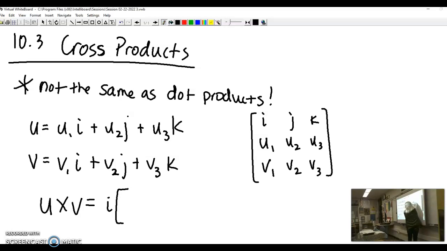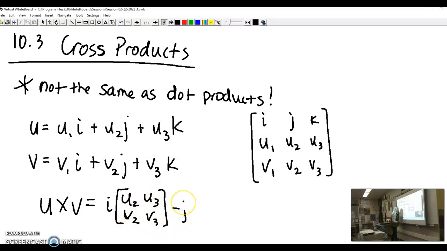So you're going to write these four letters in your matrix: U2, U3, V2, V3.